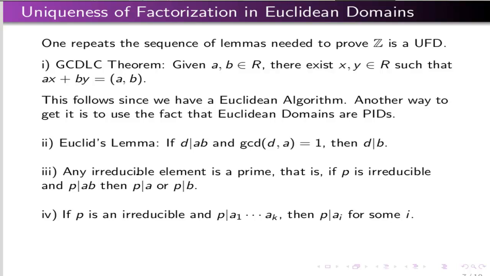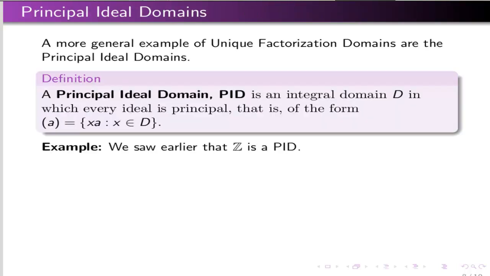And then finally, by induction, you prove that if P is an irreducible and it divides a product of K objects, then it must be a divisor of one of them. And that was really the launching pad for proving uniqueness. Once you have this result, you can prove very quickly that if you have two different factorizations, they have to be identical. And again, I'll leave the details for you to work out as an exercise.